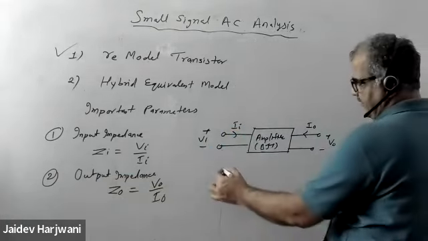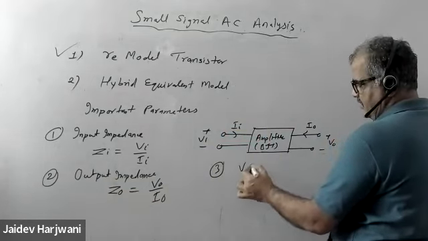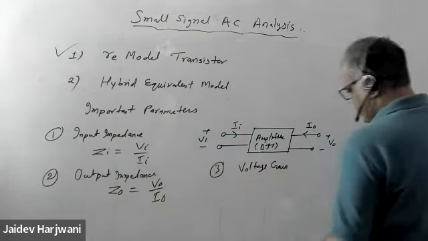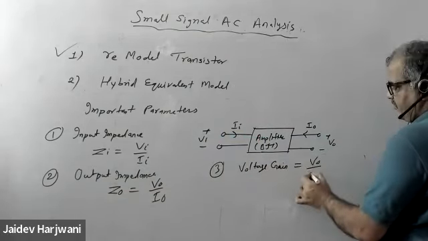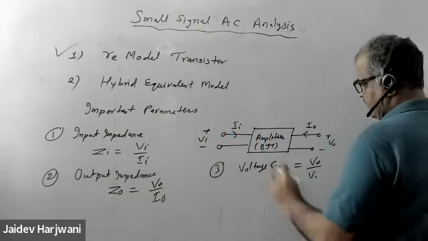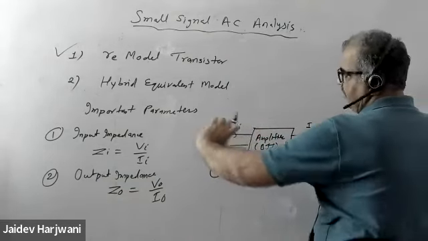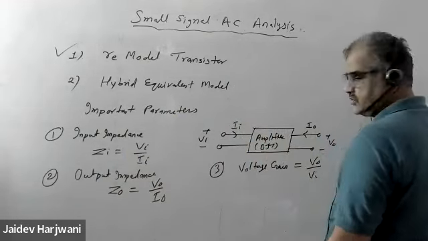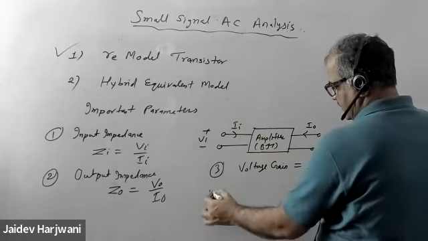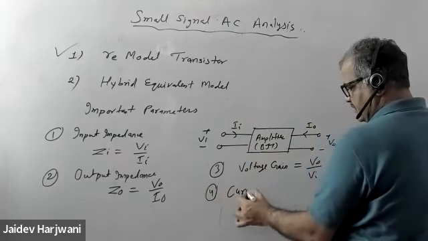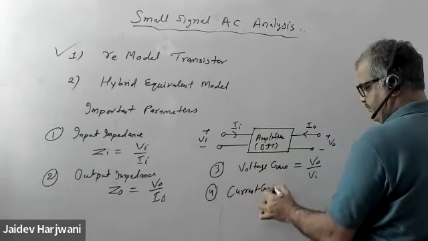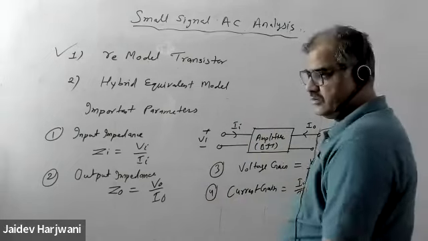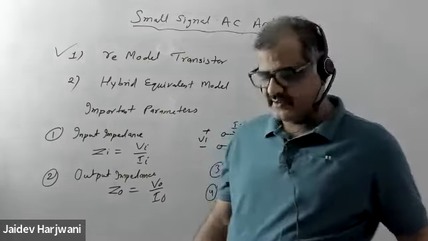The third parameter is voltage gain. When you're using an amplifier, what is the voltage gain? That is V output upon V input. What is the input here, and what is the output here? The ratio of these two will give you the gain. And the last is your current gain, that is I naught upon I in. So we are interested in these four parameters.